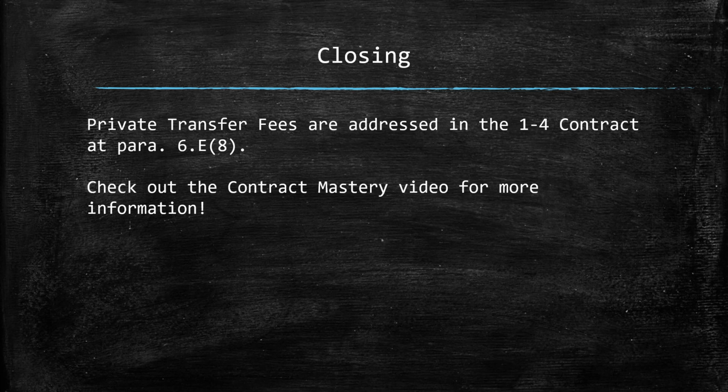The topic of private transfer fees is addressed in the 1-to-4 contract separately at paragraph 6E8. There is a contract mastery video on paragraph 6E having to do with title notices, and 6E8 is included in that video. So if you want some more information about private transfer fees and what are the exceptions to them, go check out that contract mastery video for more information.